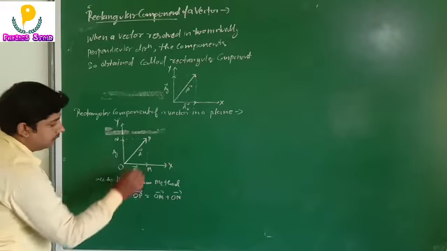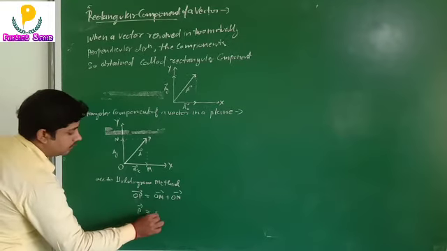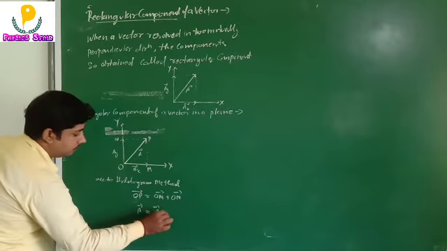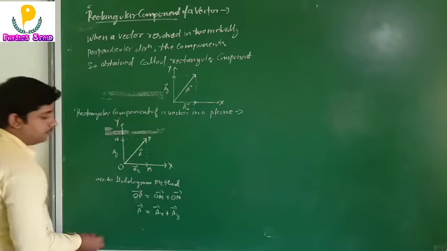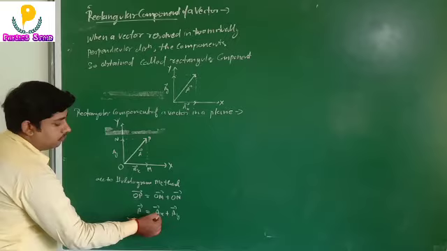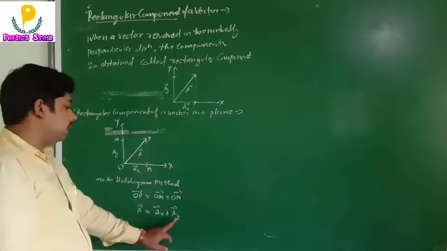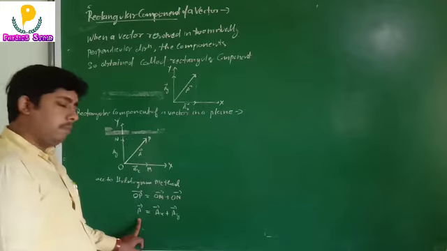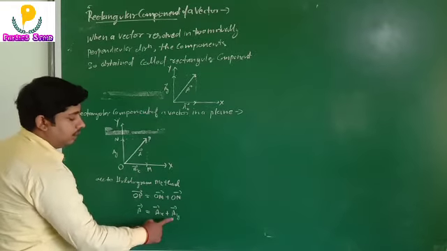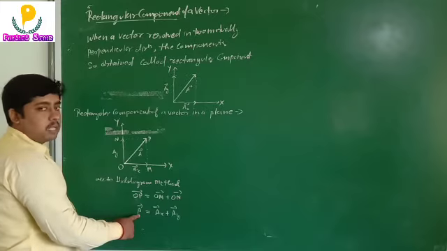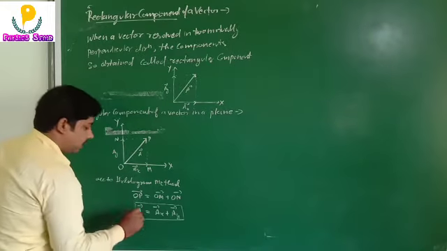OP is the vector A, and OM plus ON is vector Ax plus vector Ay. So these are the components of vector A. The total effect of Ax and Ay is equal to the effect of the single vector A.